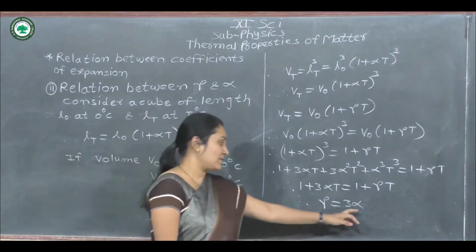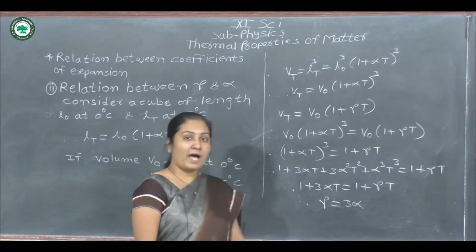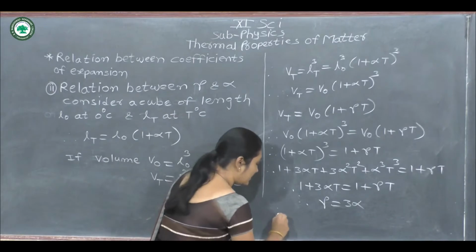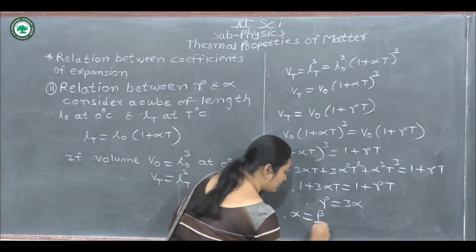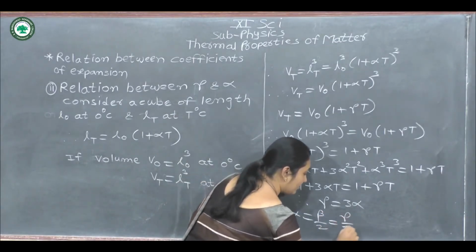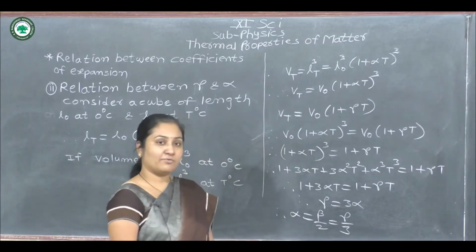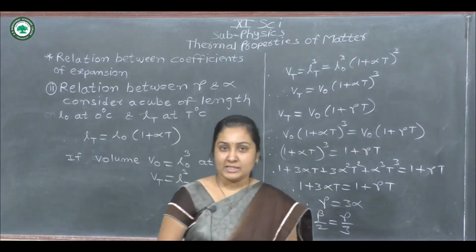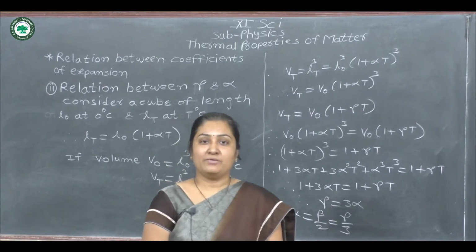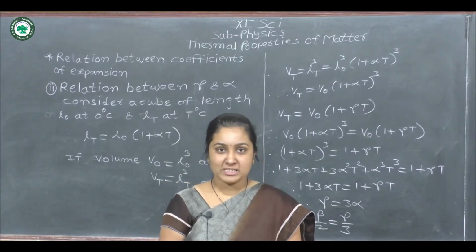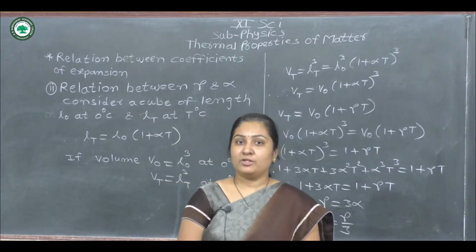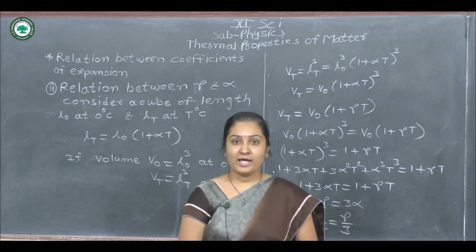This gives us the relation between alpha and gamma. So we can write alpha equal to beta upon 2, which is equal to gamma upon 3. This gives us the relation between the three coefficients of expansion. The next point we will study in the next lecture. Thank you very much.